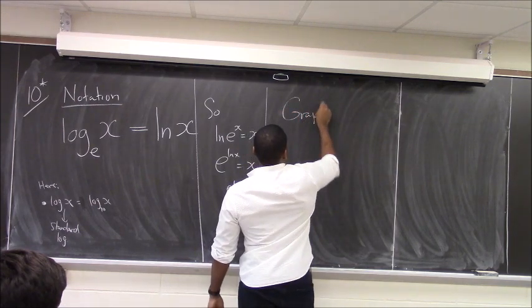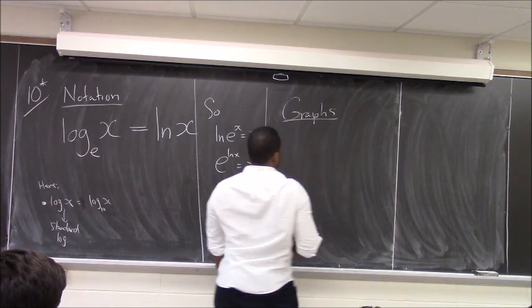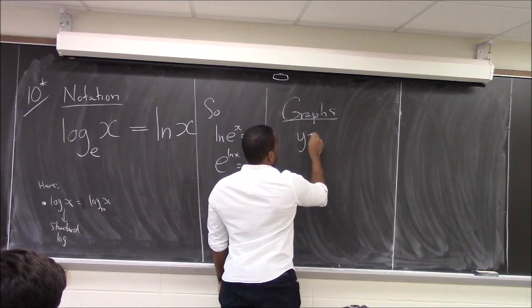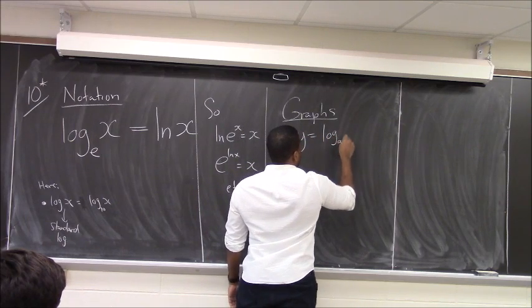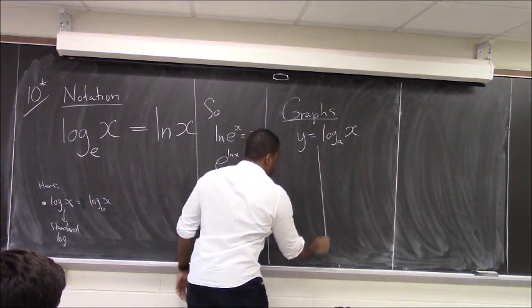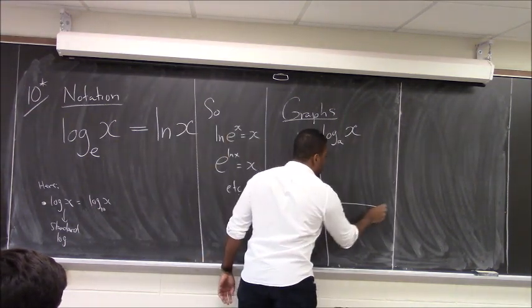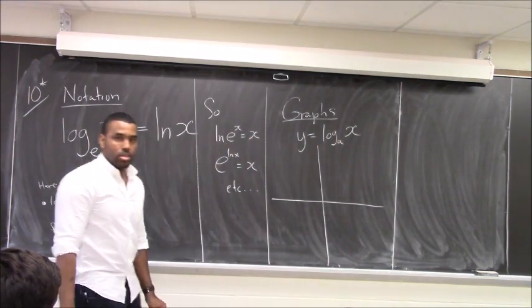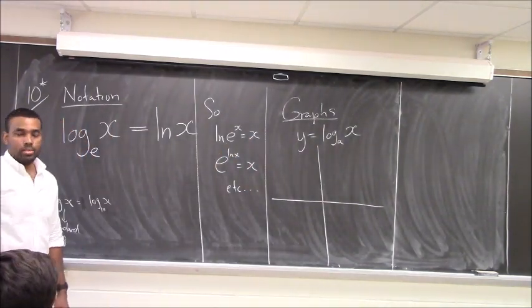Talk about the graphs. What would the graph of y equals log to the base a of x look like? Now, considering the fact that we know it's the inverse of an exponential graph, what do you think it would look like?